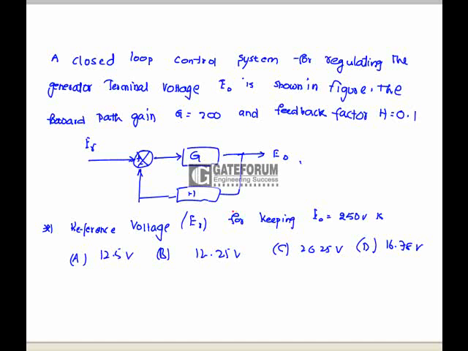Loop control system for regulating the generator terminal voltage E0, which is shown in the figure. The forward path gain is 200 and the feedback factor is 0.1. The reference voltage is for keeping E0 at 50 volts. E0 is nothing but G by 1 plus GH into ER.